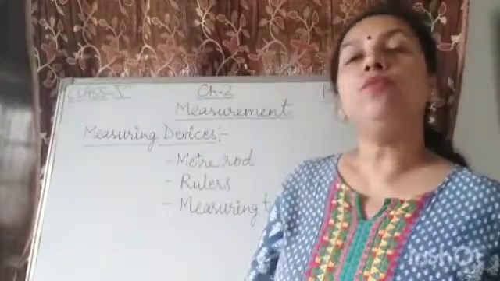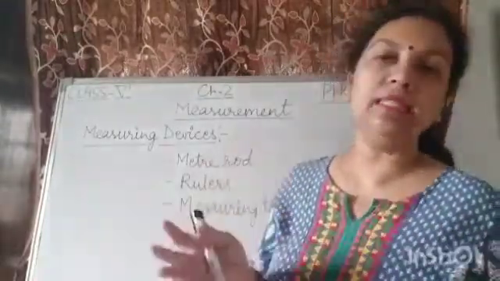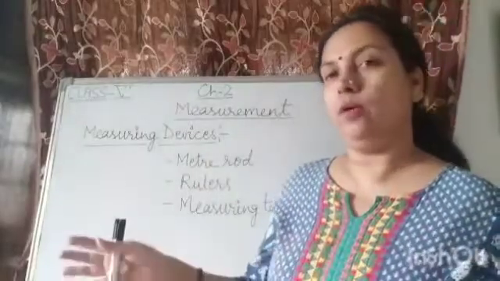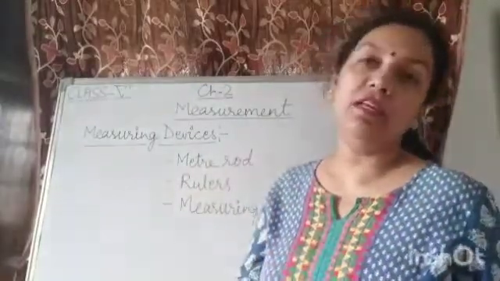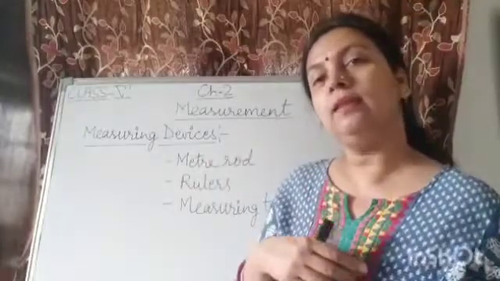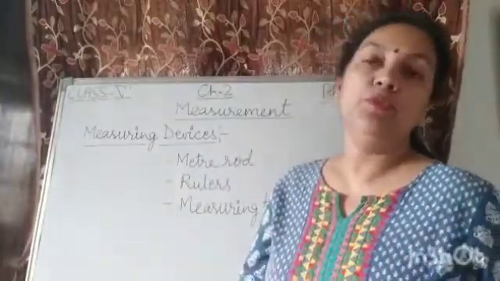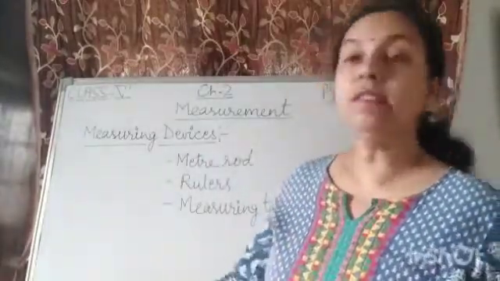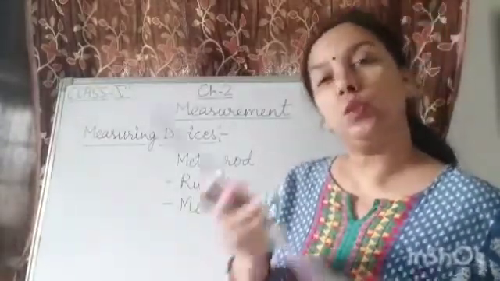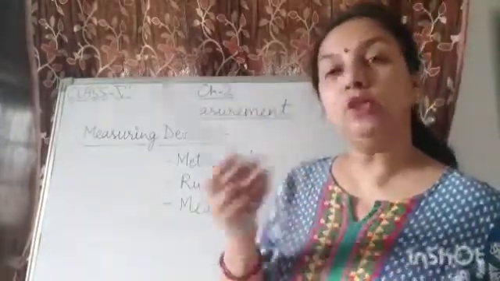Now a full length meter scale is very long, and it is inconvenient to measure small lengths with it. So we use rulers for our school work, for measuring short lengths.